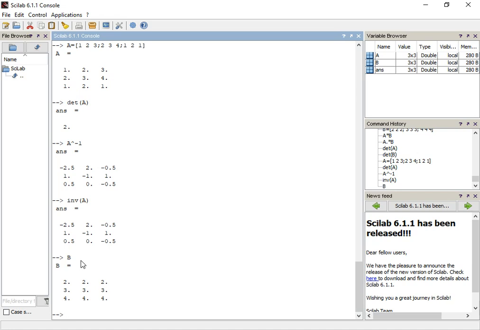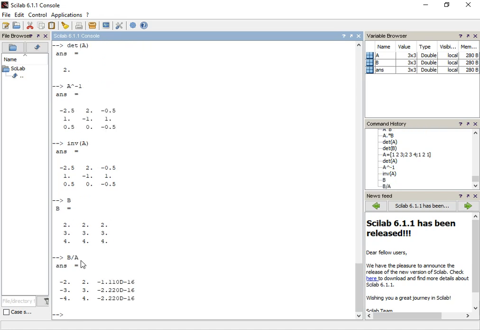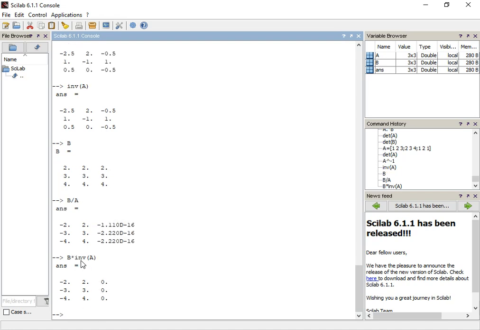But you can perform the operation B by A because A is invertible, and that will give you this matrix, that is B times A inverse. If you perform this way, B times inverse of A, that also will give you the same answer, but here you can see that you are having minus 1.110 D power minus 16, but you know that it is approximately 0.